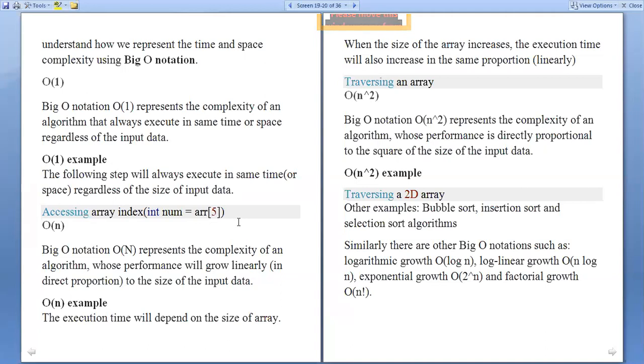By using the index, you can easily access it. Or suppose 100 elements are there in the array and you want to access the 98th element. The index is 98, for example. Then you can directly go to that particular element and access it by using the index. With the help of the index, you can directly access the element. So this always takes constant time, that is O of 1.